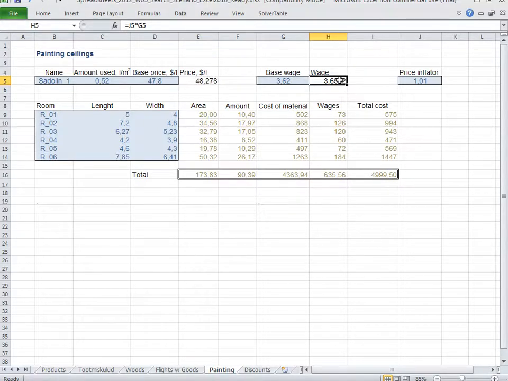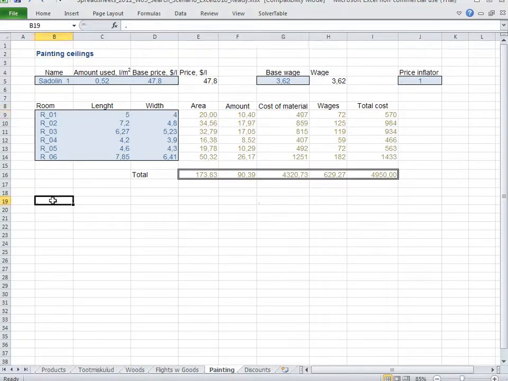So once again, this is just a multiplication of the initial price and the inflation of 1,00, and this wage is the multiplication of the initial wage and the inflation 1,00. And for the wage cost this new cell is used, and for the paint cost again this new cell is used. Okay, and now our first scenario analysis goes as follows.